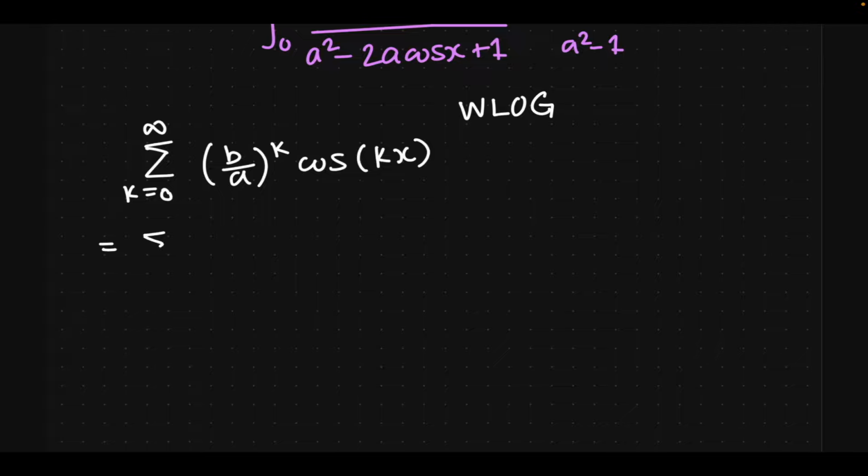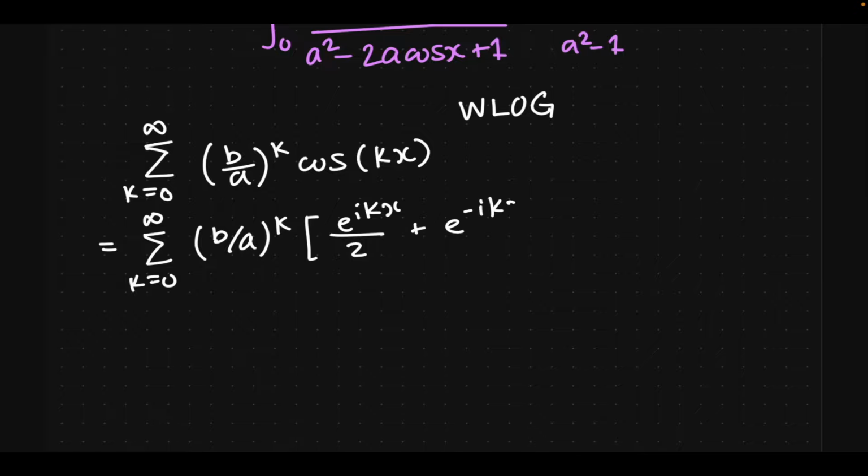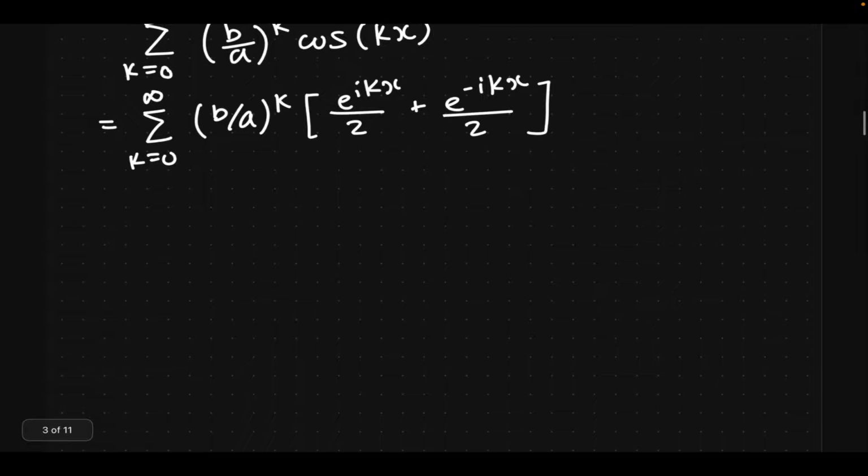So first of all, if you have to solve this, we can start by splitting the cosine up like that. We've done this probably 50 times already. If you've been on my channel, you've seen me go through this.